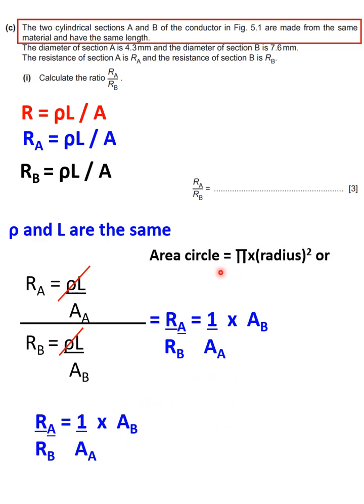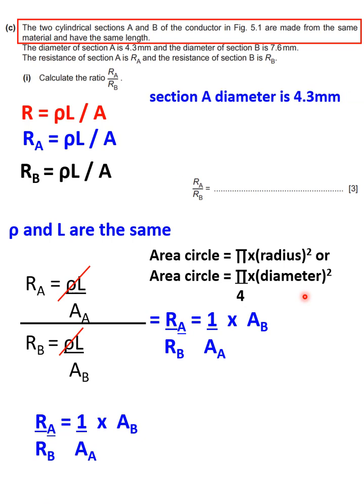Now the area of a circle, which is the cross-sectional area, is pi times radius squared, or pi over 4 times diameter squared, because diameter was provided. Now, because pi over 4 on both areas is going to be canceled, I'm using just the diameter.